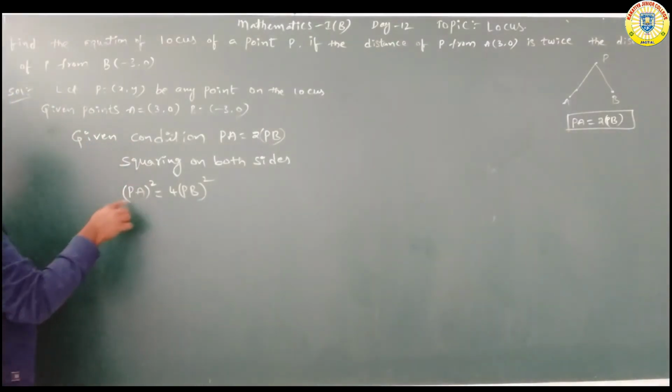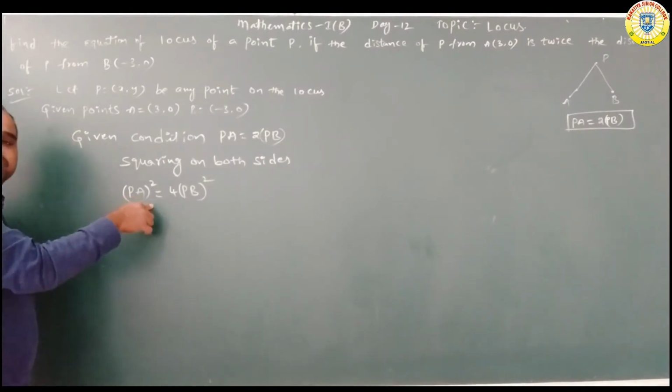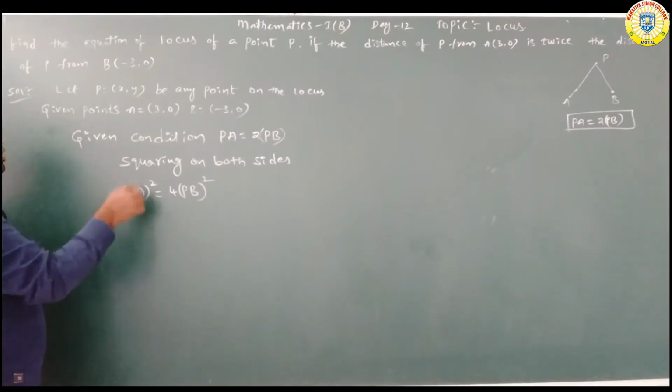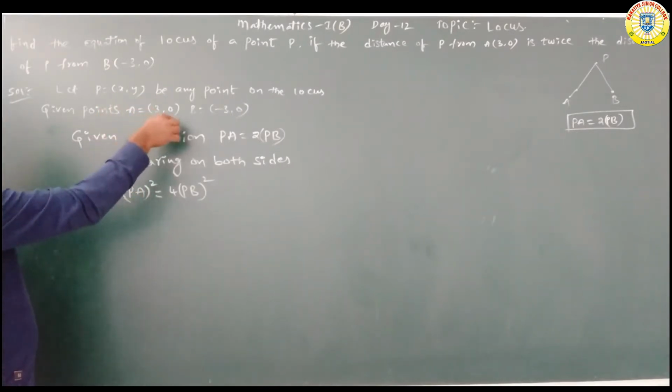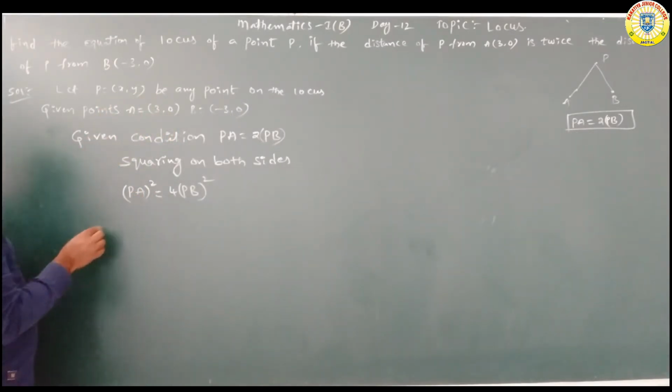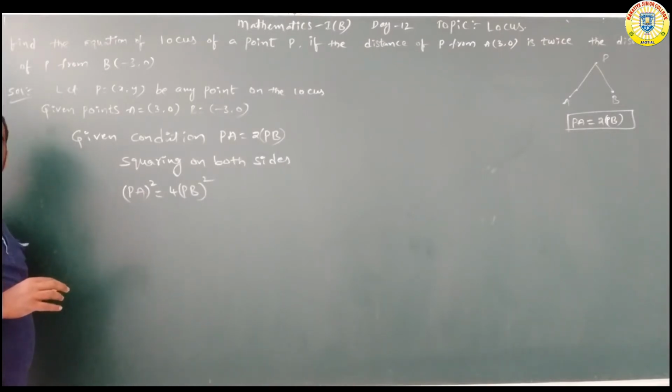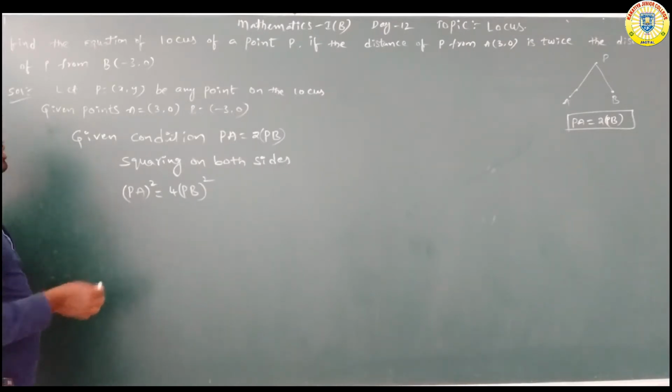Now we are substituting the values. PA square, there is already a square, that's why we are writing under root. Here P equal to (x, y), A equal to (3, 0). What is the formula? Under root of (x1 minus x2) whole square plus (y1 minus y2) whole square, otherwise (x2 minus x1) whole square plus (y2 minus y1) whole square.